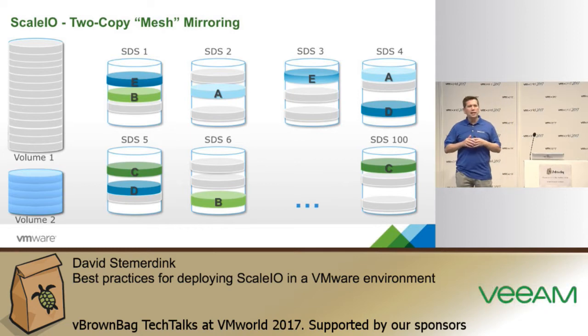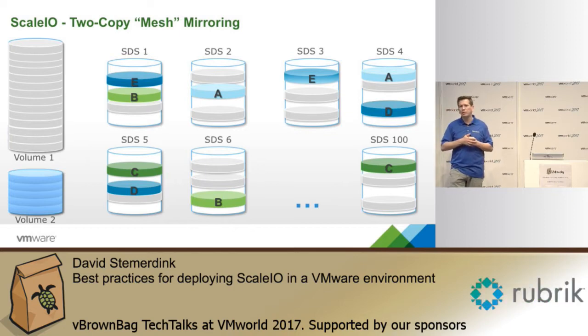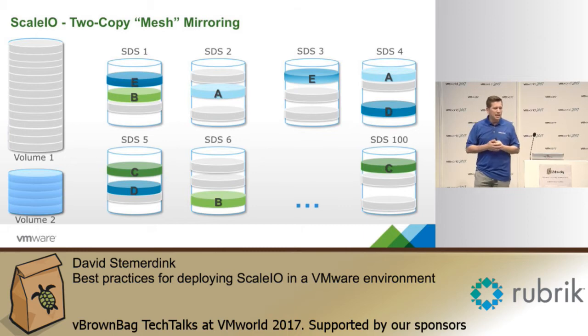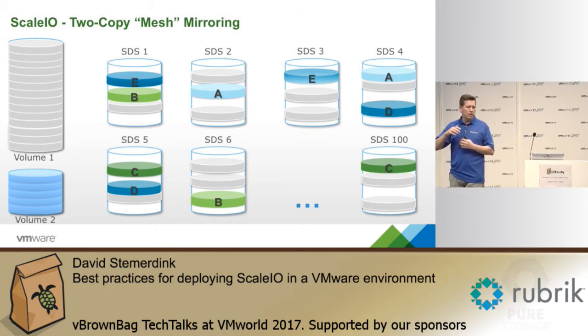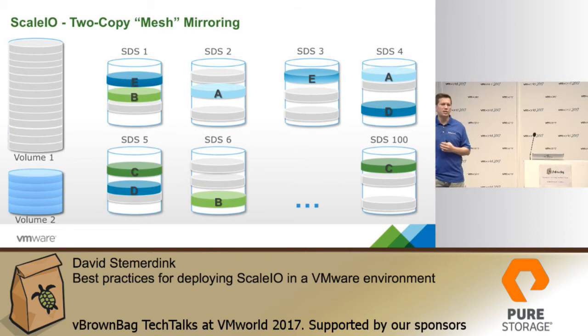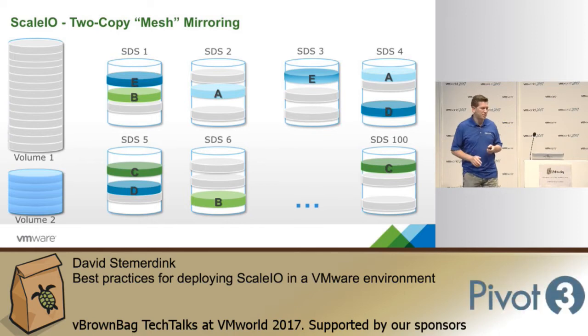So any volume that is being presented, or VMFS data store, is actually living on all the disks, on all the servers in the environment in a mesh algorithm. The key here is to make sure that we have an even load on all the disk devices in the system. And as the environment gets bigger, this becomes easier and easier to maintain for us.